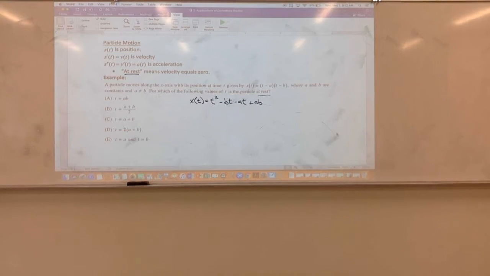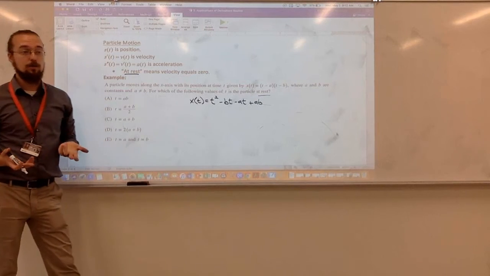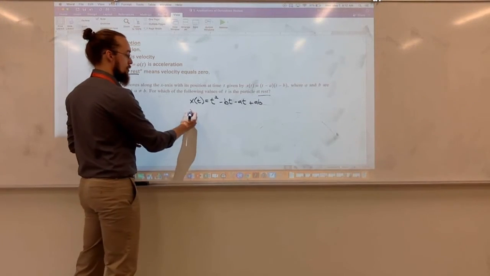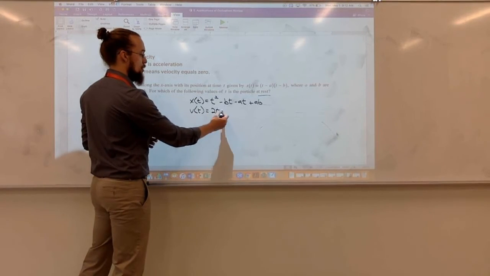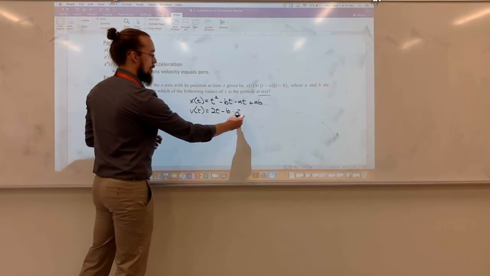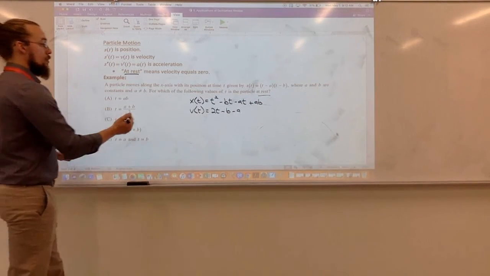Now, to take the derivative, I can just look at each piece. We could have taken the derivative in this form, but we would have had to use the product rule. So, I think it's easier to just multiply it out first. So this would just be 2t minus b minus a. So now I want to set velocity equal to 0.